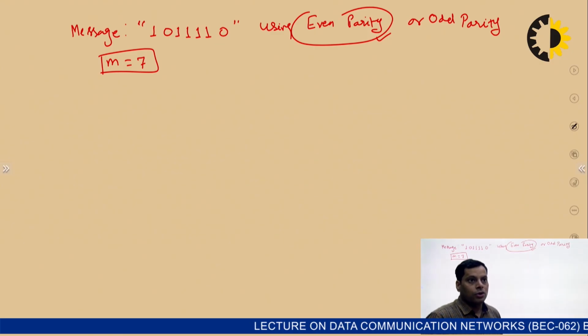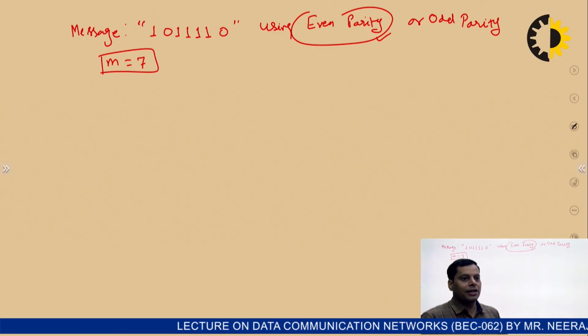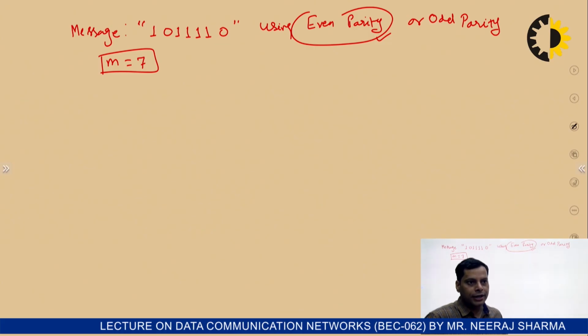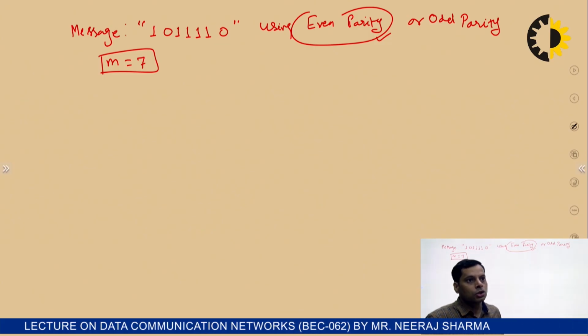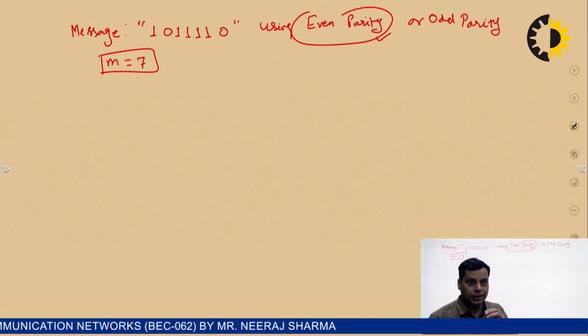Now the next part is how many redundant bits, or parity bits, we have to add along with this message signal. As per this length of message m equals 7, how many extra bits do we have to add?